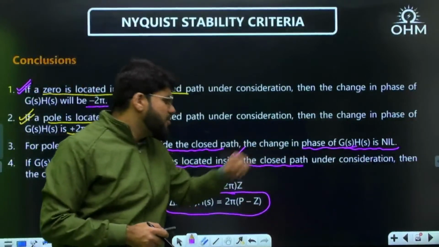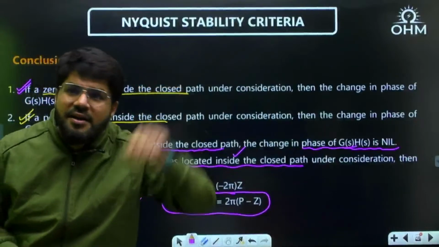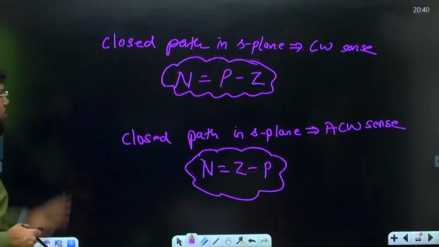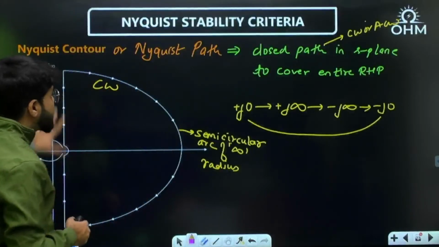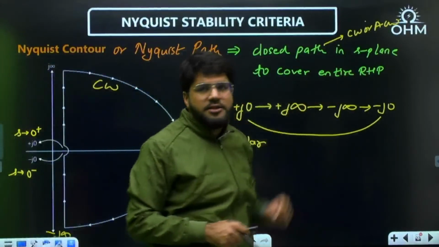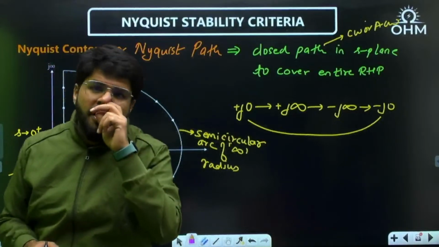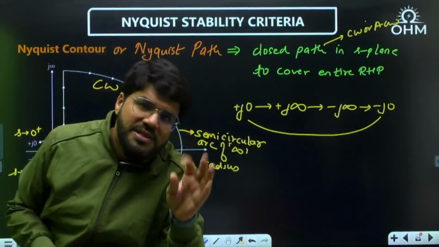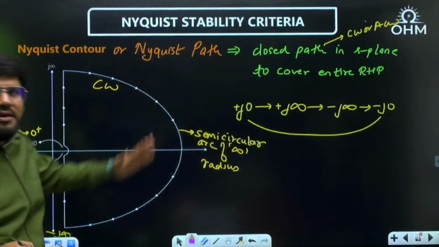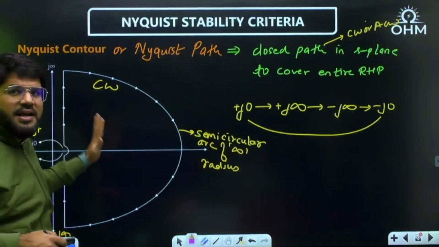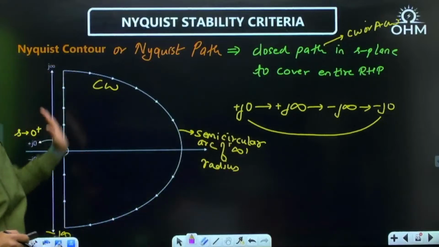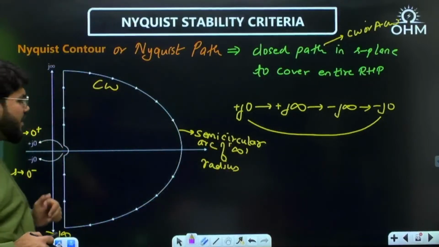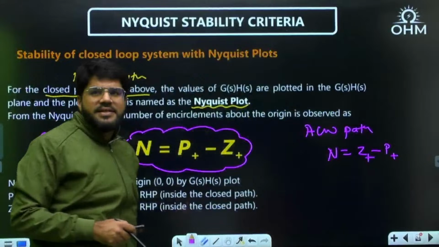Right now, my closed path covers the entire RHP. So P and Z are the poles and zeros inside this closed path. That means P and Z are any poles and zeros in the right half plane, in the right side area and the positive area. So I call it P plus and Z plus.